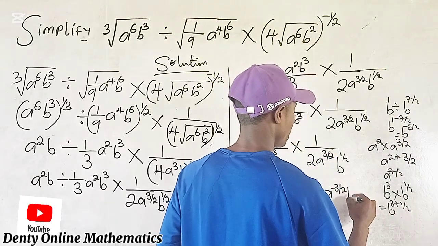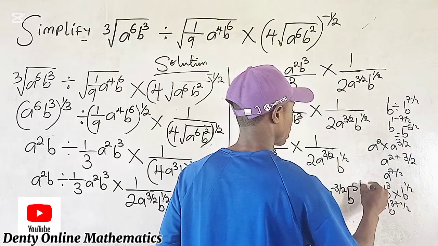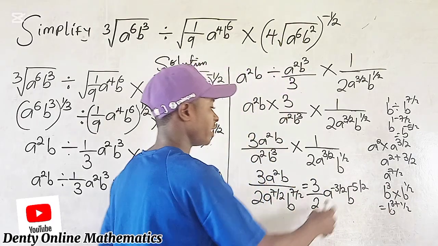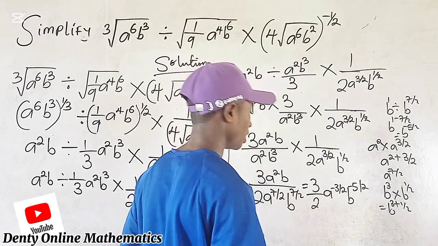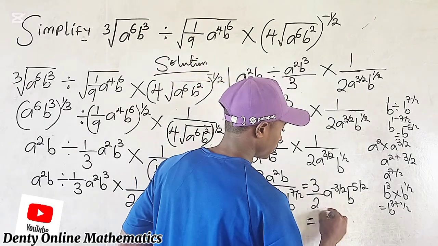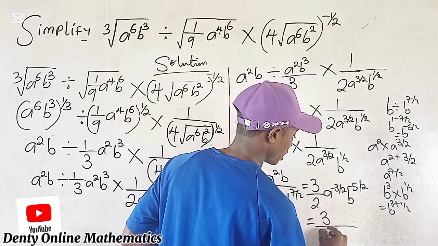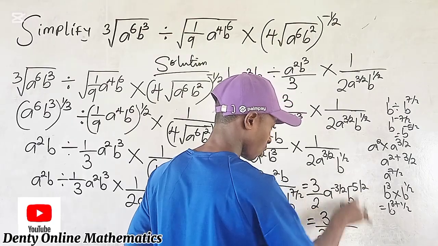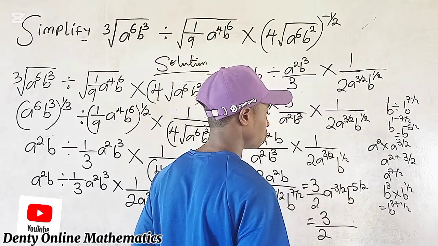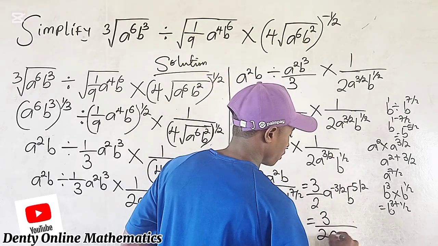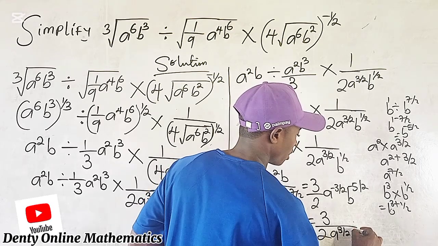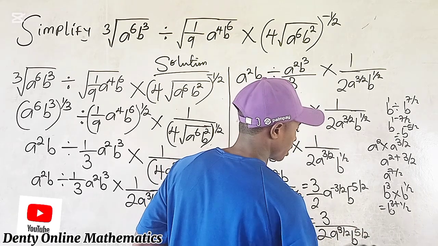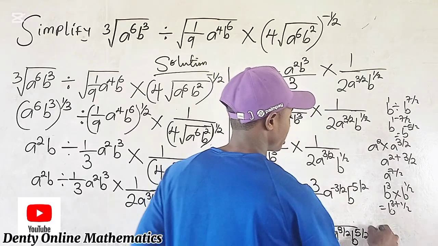So I have b to the minus 5 over 2. Now since I have a negative exponent, I'll shift all of this down. So I'll have 3 all over 2, and then this will come down. So the negative sign will go out. I have a raised to the power of 3 over 2 multiplied by b raised to the power of 5 over 2. And here is the final simplification of this problem.